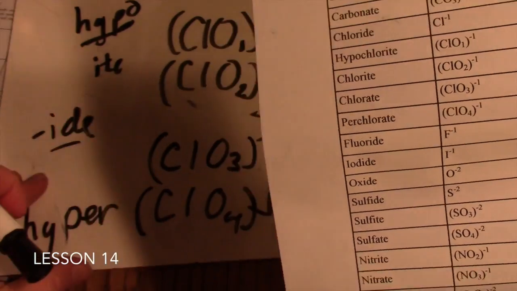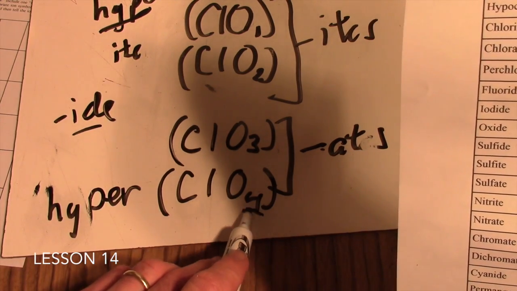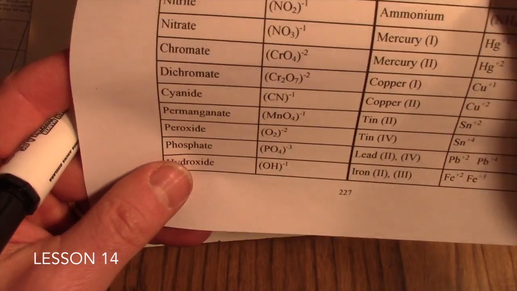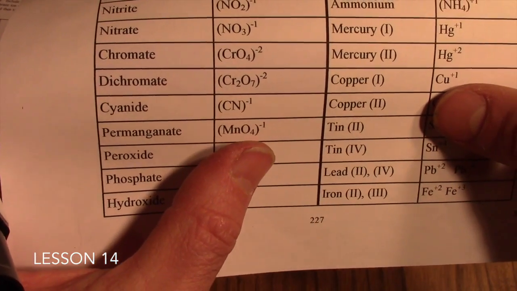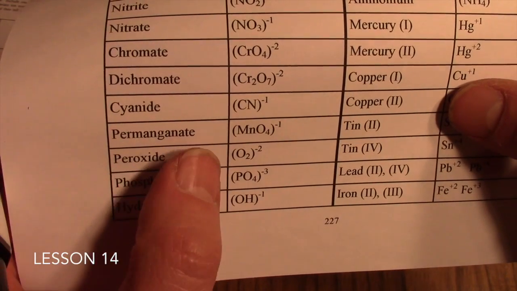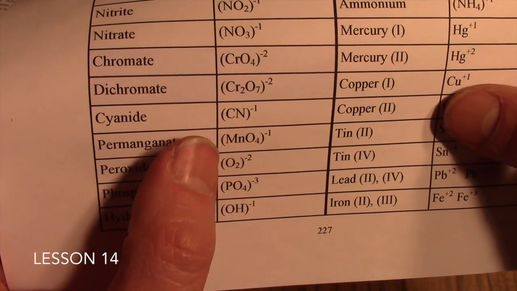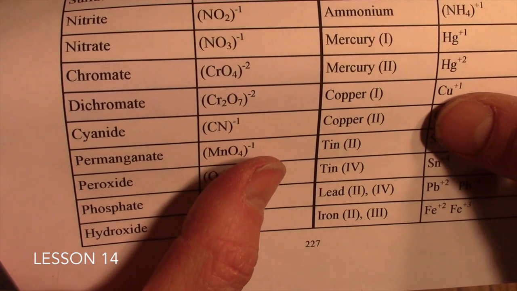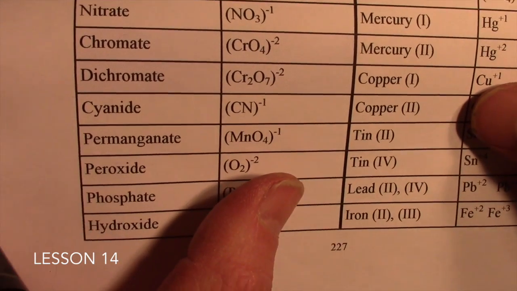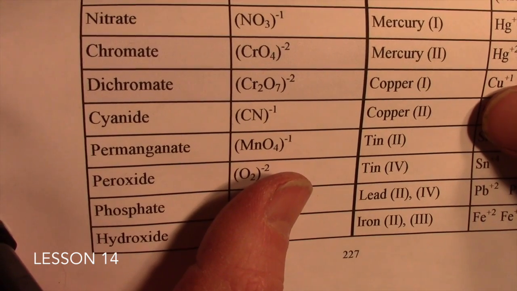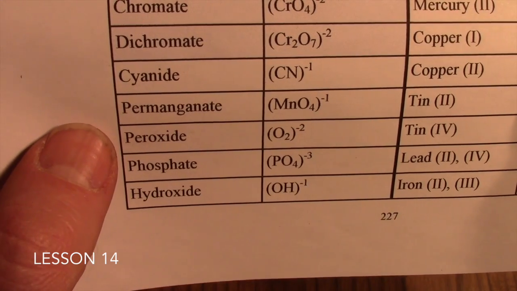We said that the per is like short for hyper, which was the one with the most, in this case 4 oxygens. So our permanganate has the most oxygen, so it's got 4 again. So Mn is for the manganese, O is oxygen, so MnO4 with a -1 charge. And in this one again, memorizing the charge is about the best you can do. So, permanganate.